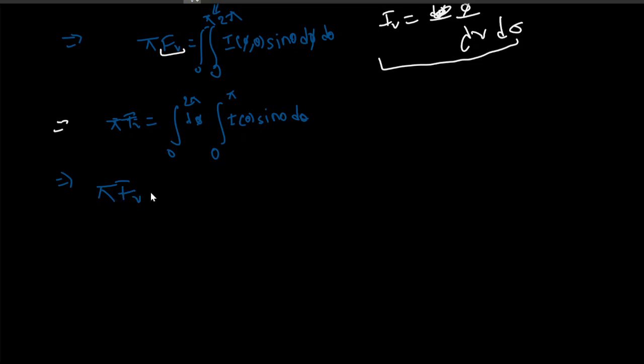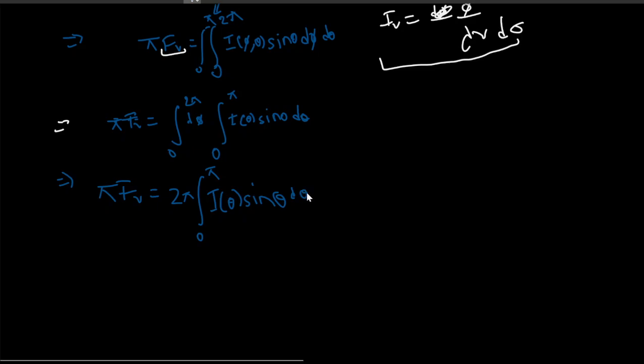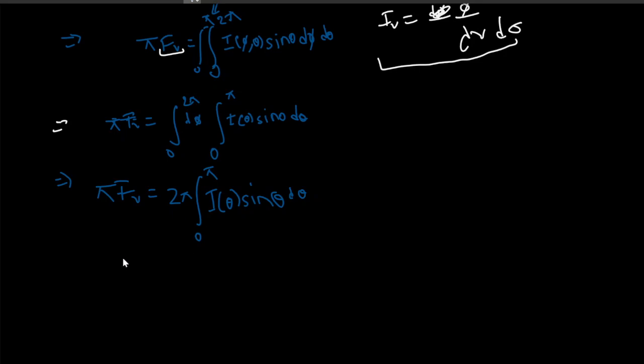It will yield pi F subscript mu, and it is equal to, when you do the integration from 0 to 2 pi of d phi, it's 2 pi, and the whole integration from 0 to pi of I theta sine theta d theta. So when you cut down the pi on both sides, you will find that F_B is equal to the integration from 0 to pi of I theta sine theta d theta.